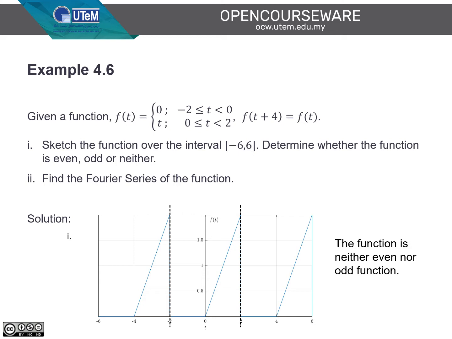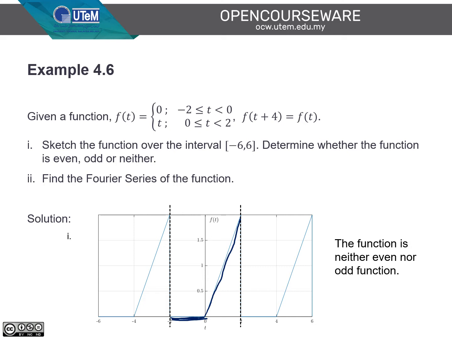Therefore, we plot the function as 0 from t equals -2 to t equals 0. In the other interval, t from 0 to 2, the function is t. So this is how we plot the function f(t) from -2 to 2.